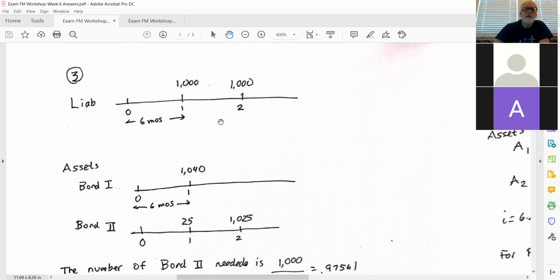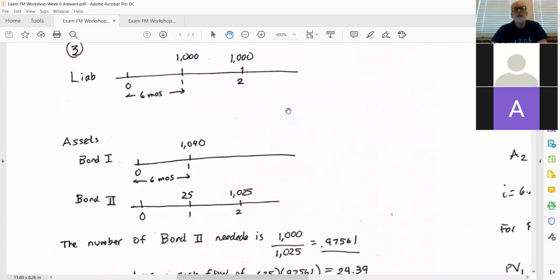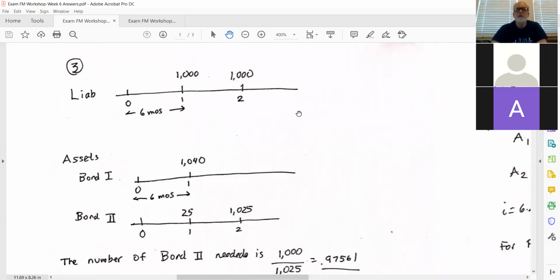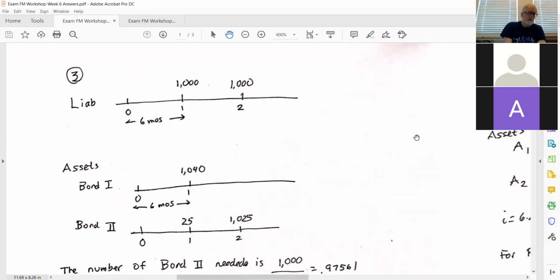It's very similar, but everything is in 6-month periods. So in this example, I think it was Joe. Yeah, Joe must pay 1,000 6 months from now and 1,000 1 year from now. There's the usual suspect, 2 bonds.